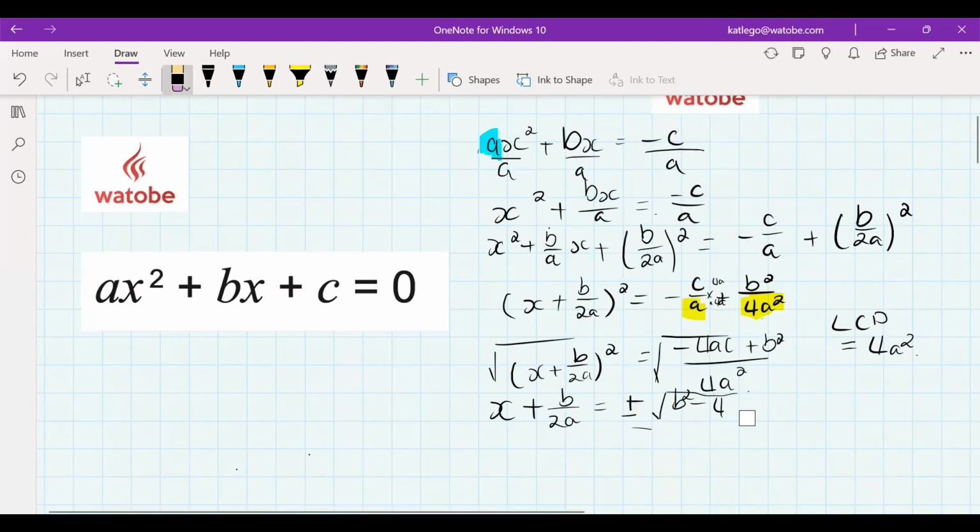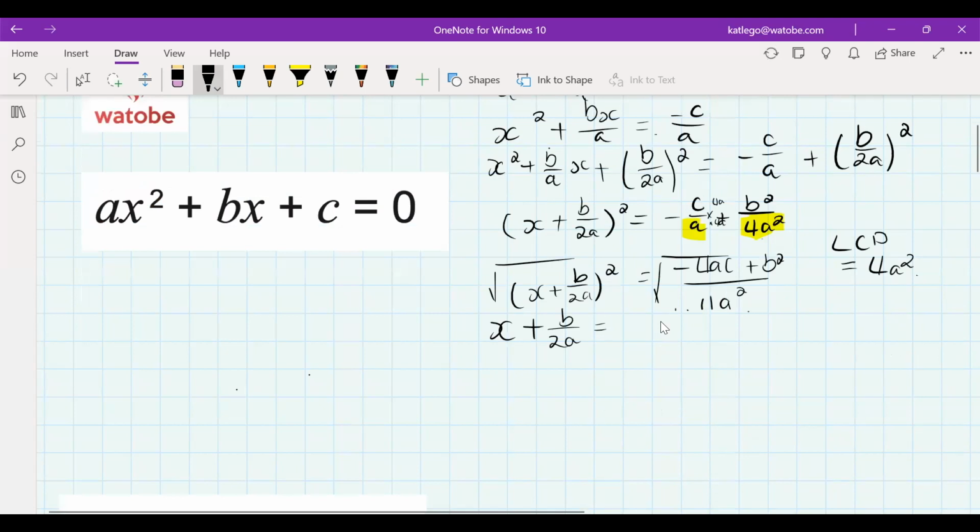Okay, let me write this properly. On the left we have a plus minus square root of b squared minus 4ac over, the square root of 4a is 2a.